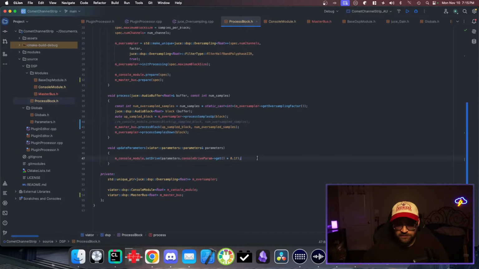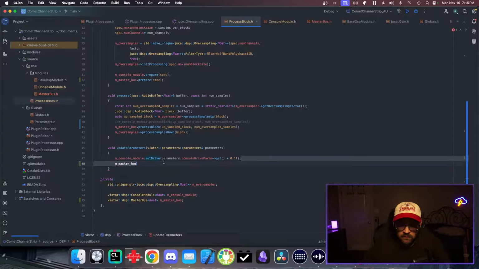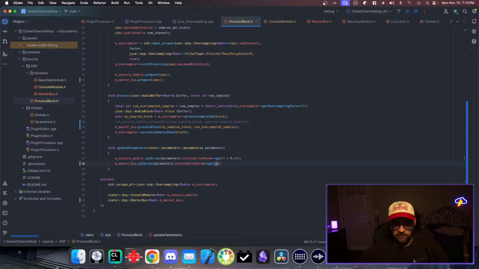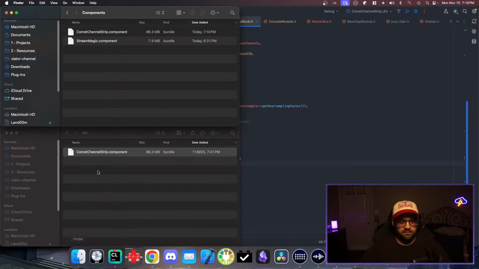Do master bus, set drive. If I remember correctly, that's from 0 to 10. So I guess we'll just leave it the way it is and we should be good. Okay. Also, feel free to stop me and ask for an explanation if I do something too quick. Oh, it did a build and I missed it? Yeah, okay, good.